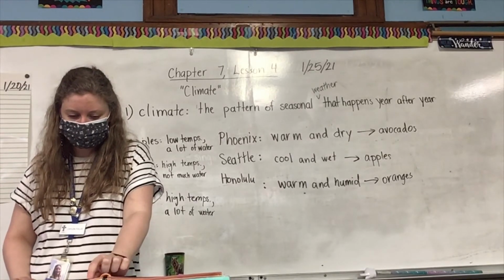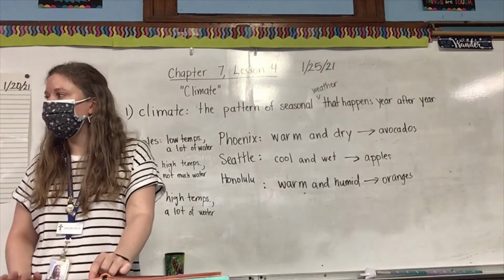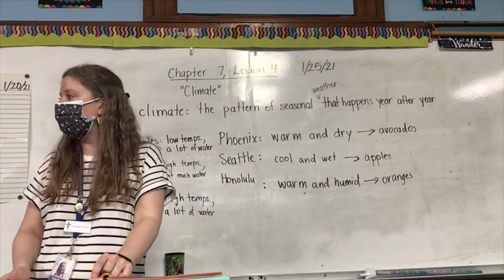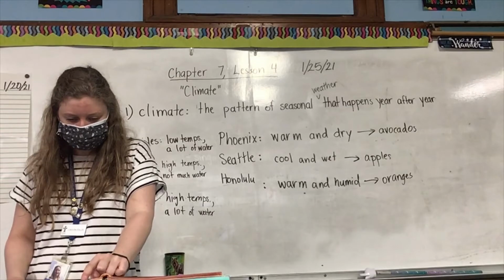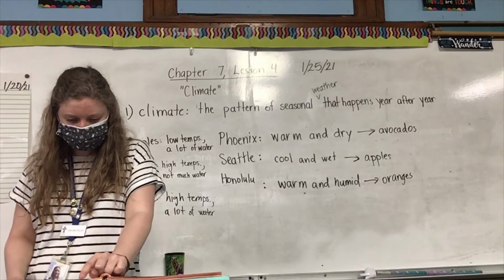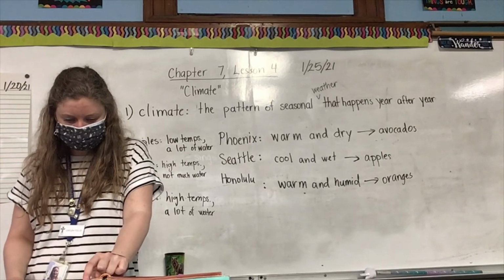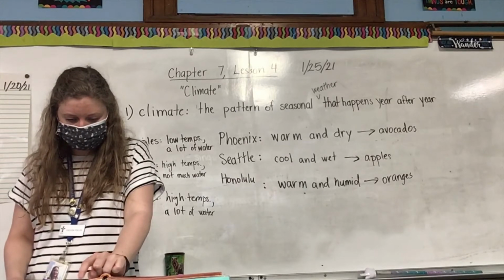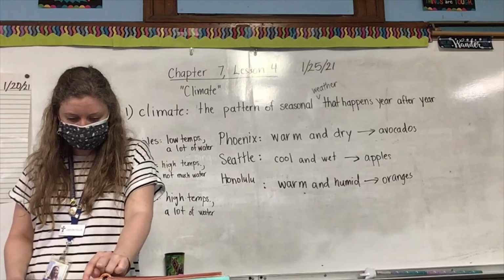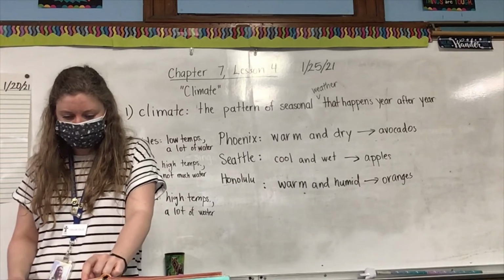Climate regions. Climate. It looks like climate, but it's actually climate. Climate regions. Think of climate as the average weather in a certain place for a long period of time. It has similar patterns of temperature, humidity, and precipitation and wind.